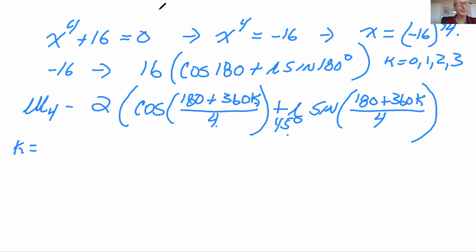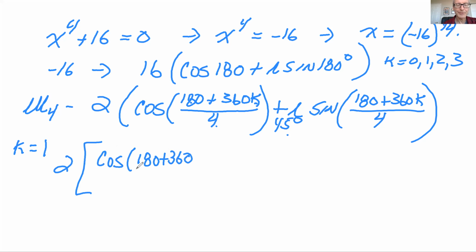So when k equals 1, again, we have 2 out front. And what do we have here? We have cosine of 180 plus 360 divided by 4. See, that's why I like degrees in this case.